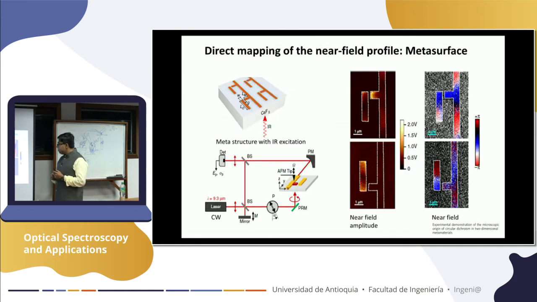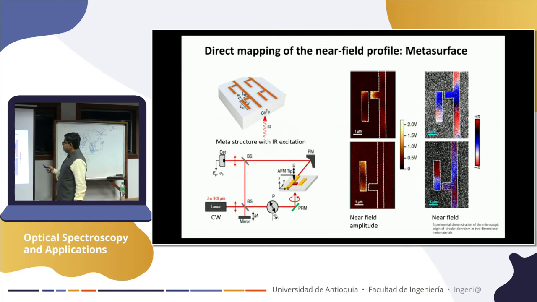Just to see some examples, again with a similar setup we saw many times, a two-path Michelson interferometer, and instead of just focusing the beam, you focus onto the tip. That's a tip enhanced measurement, and then you see lots of features.